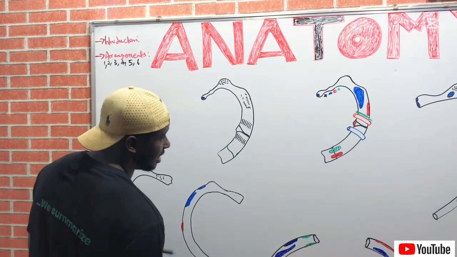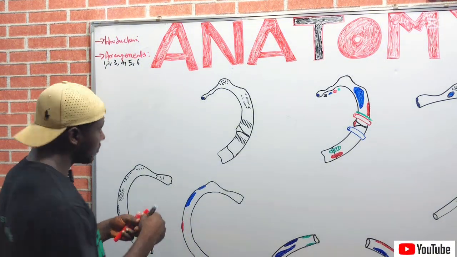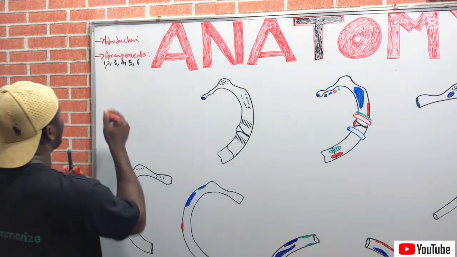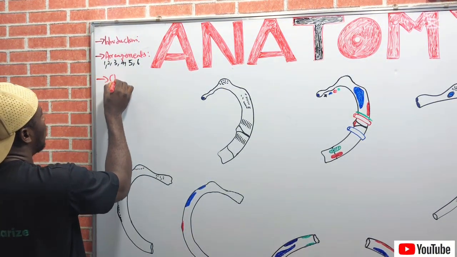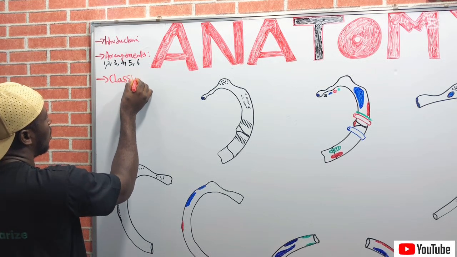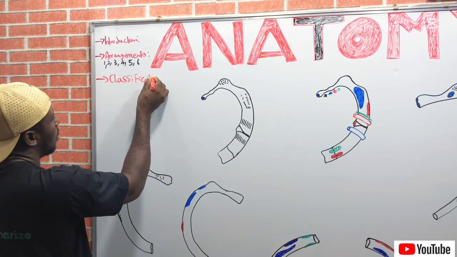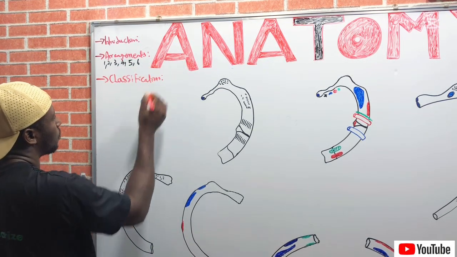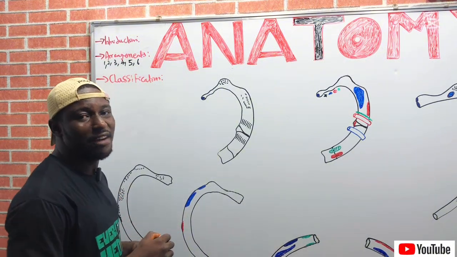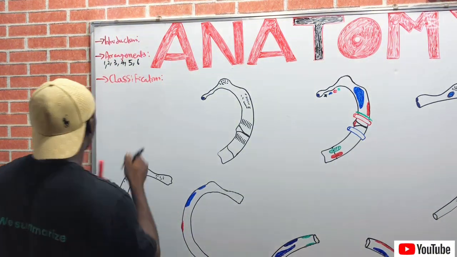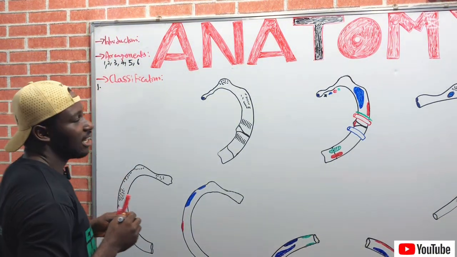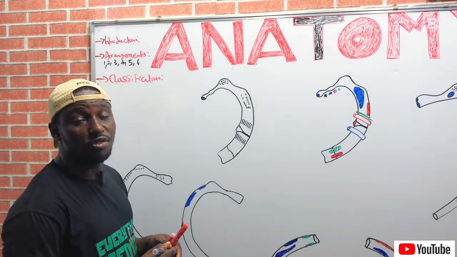The next is the classification of the ribs. The ribs are classified into three. Number one is according to features.